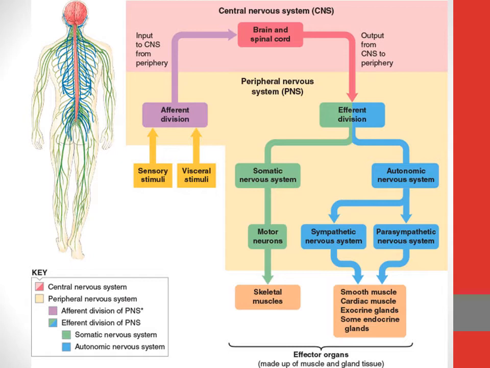And the autonomic nervous system is split into the sympathetic division and the parasympathetic division. And they typically innervate smooth muscles, such as in your eye, or your gastrointestinal tract, or your blood vessels. They innervate the heart. They often control secretions from exocrine glands, such as the pancreas. And they are also involved in overall homeostasis of a number of other organs.